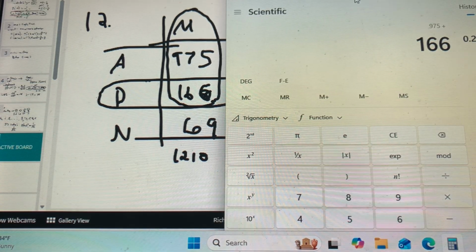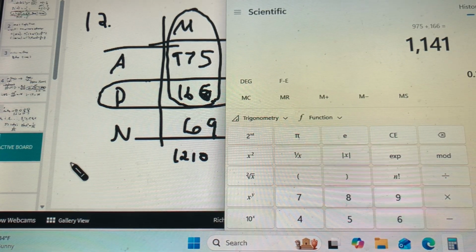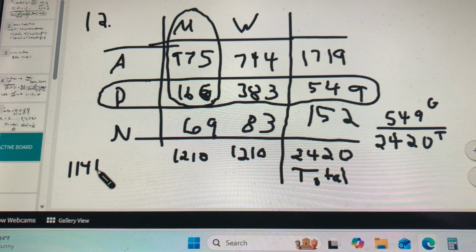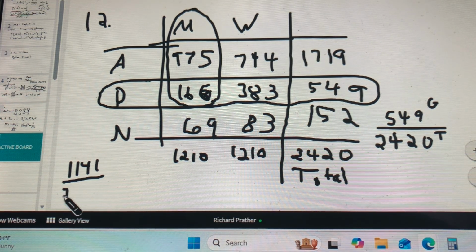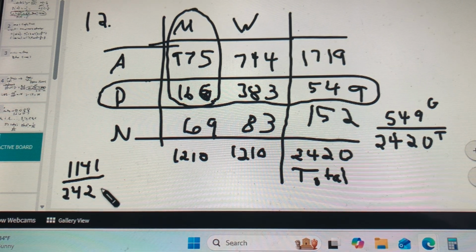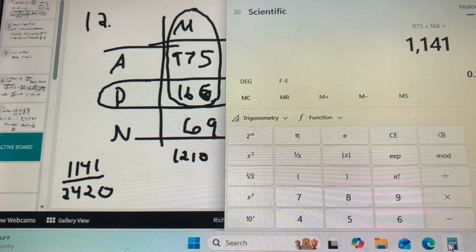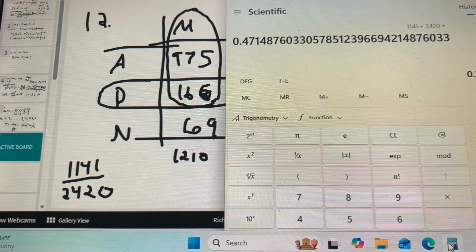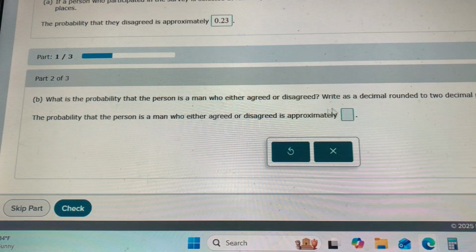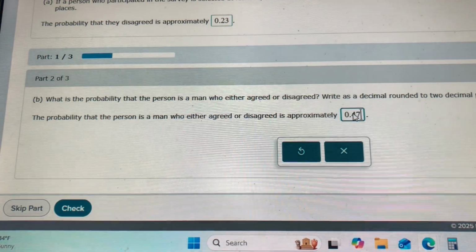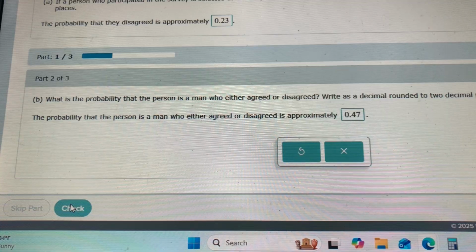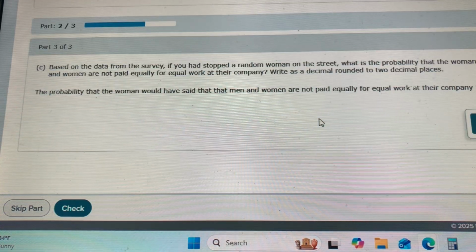If you add those two together, that's 1141, but it has to be over the grand total no matter what. If you try to put the answer as 1141, that's an impossible answer because it can't be bigger than 1. 1141 divided by 2420 is 0.47. 47% either agreed or disagreed and were men.